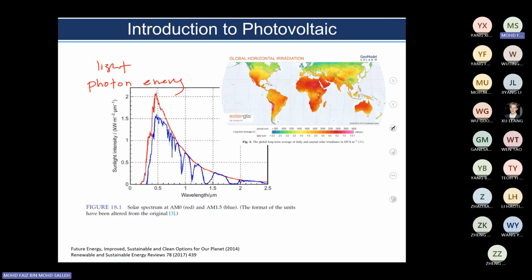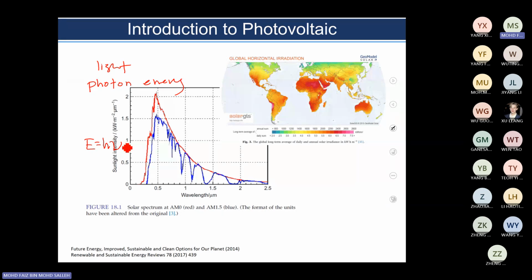And for the energy of the wave or the irradiance, if you recall, you have learned E equals h nu, or f, frequency.